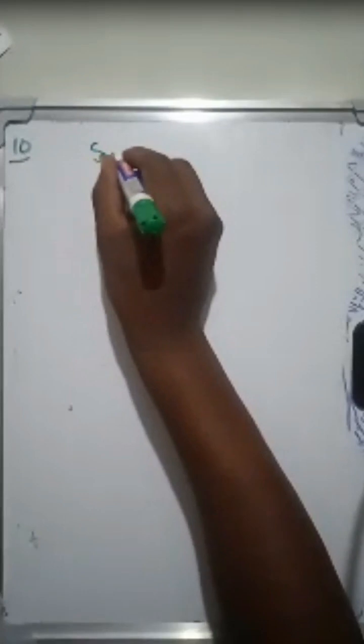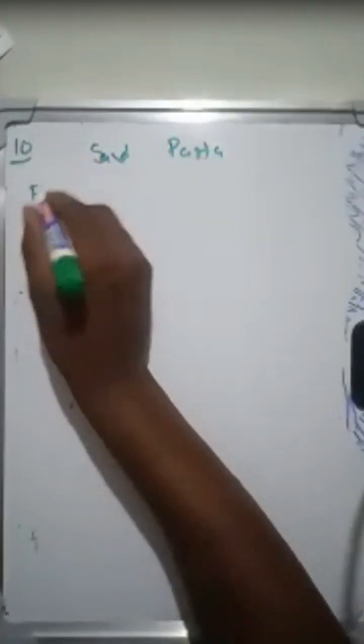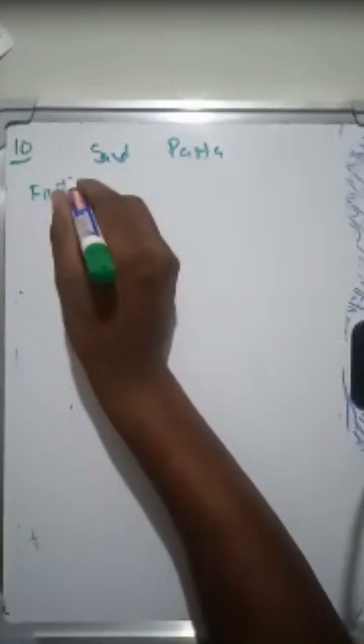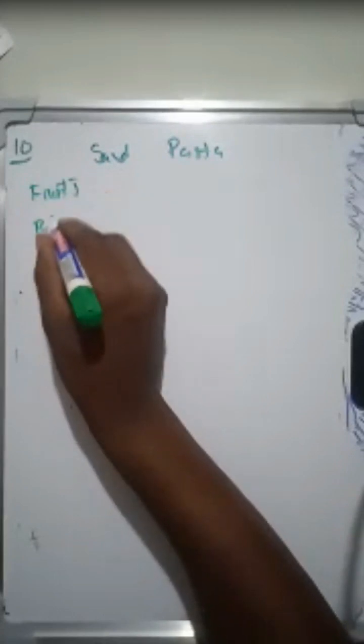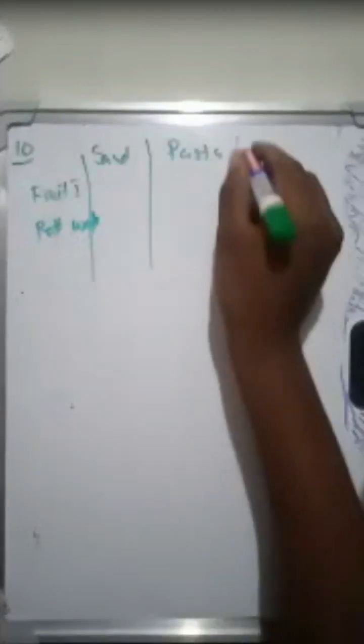Right? Still on that question, I want us to do 10.2, which is a contingency table. Our contingency table is having sandwich, pasta, then fruit juice, bottled water, like that.